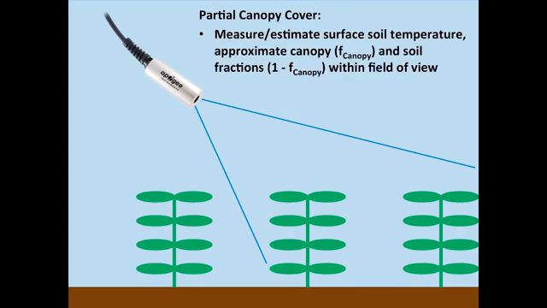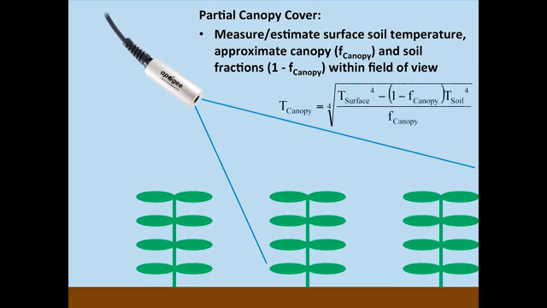So another way to try to estimate plant canopy temperature when the surface is only partially covered by the canopy is to actually measure or estimate the soil's temperature and then approximate the fraction of canopy within the field of view of the radiometer and the fraction of soil within the field of view of the radiometer.